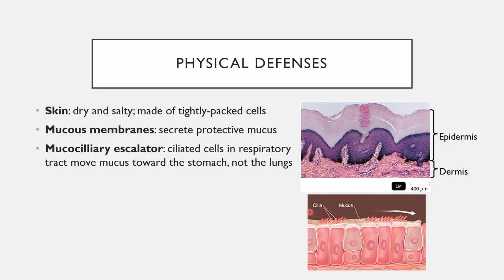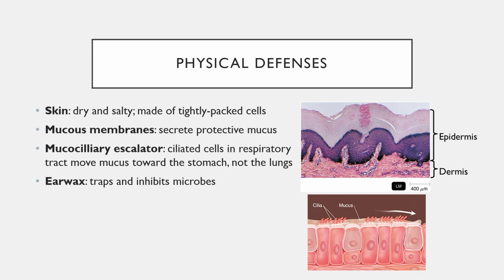And in this case, the mucociliary escalator describes the manner in which the ciliated cells in our respiratory tract keep mucus moving in a defined direction towards our stomach, not our lungs. This is important because the stomach contains additional chemical defenses such as gastric acid that the lungs do not. So it makes sense to try to channel any invading microbes to the stomach and not to the lungs.